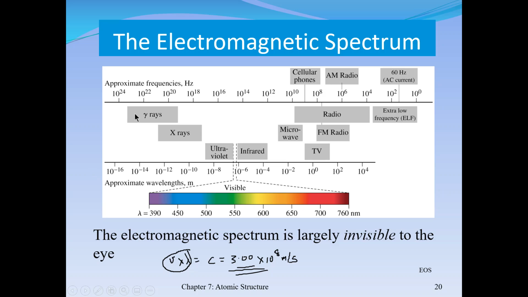So to the extreme left here, high frequency, those are the gamma rays, right? And then next would be X-rays, which would be less. And then here we have what is called the ultraviolet region. And then you have a narrow band right here, which basically represents where you'd find the different colors of light.